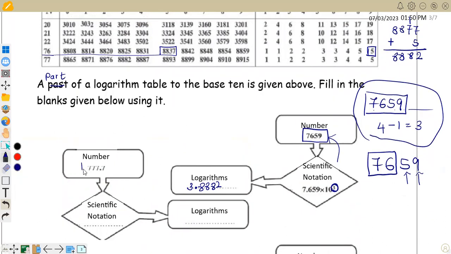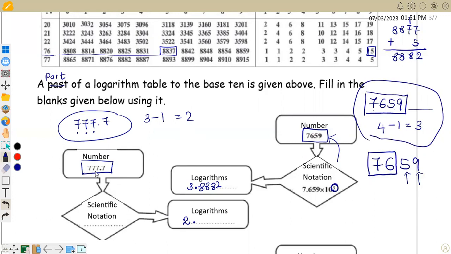Okay. Then another number. It is 777.7. What is the characteristic? Here in the whole number part, 1, 2, 3. Then subtract 1. The answer is 2. That means in the logarithm, the characteristic is 2. Let's see whether it is equal to the power of 10 when we write it in scientific notation.